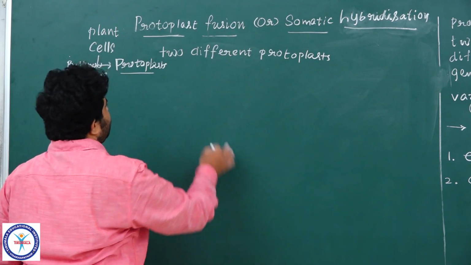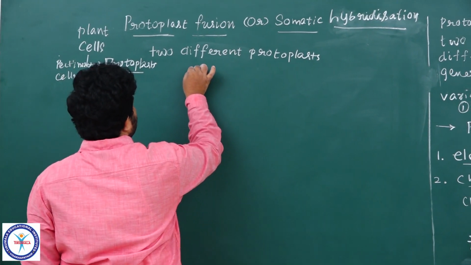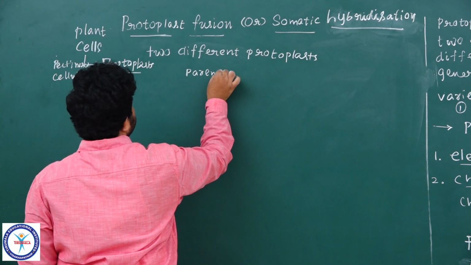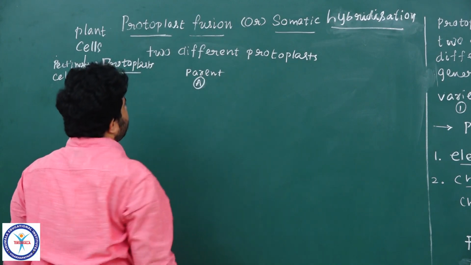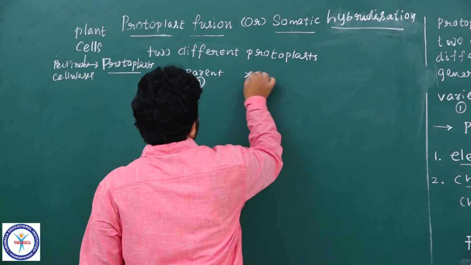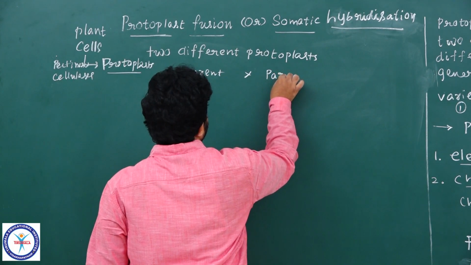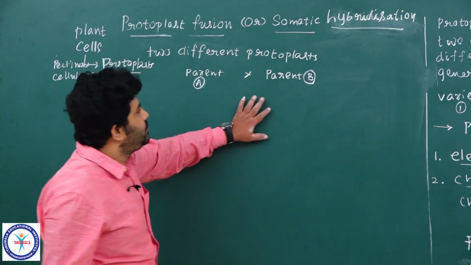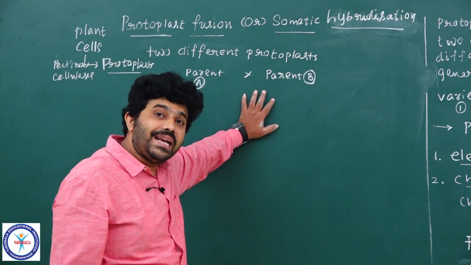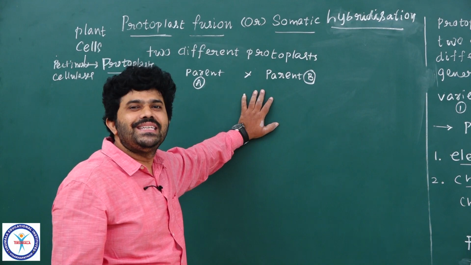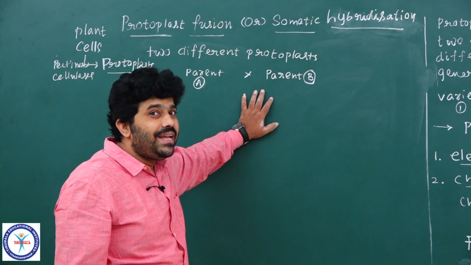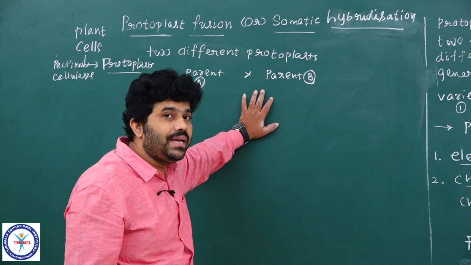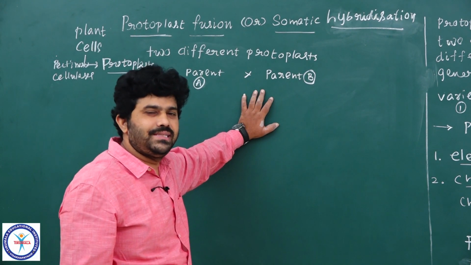These protoplasts we collected from two different parents, for example parent A versus parent B. Two different parents we have selected. Selected parents means plants in which the desirable characters are present in higher proportions.